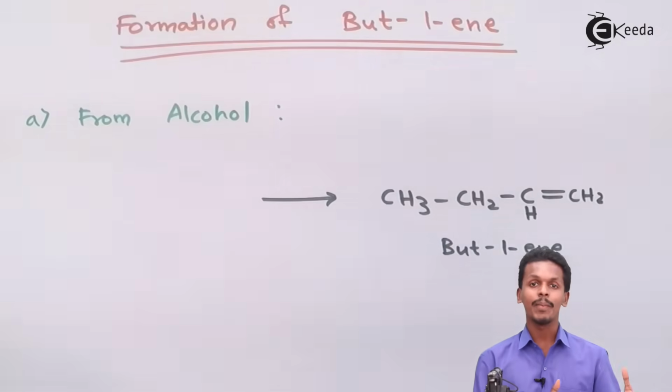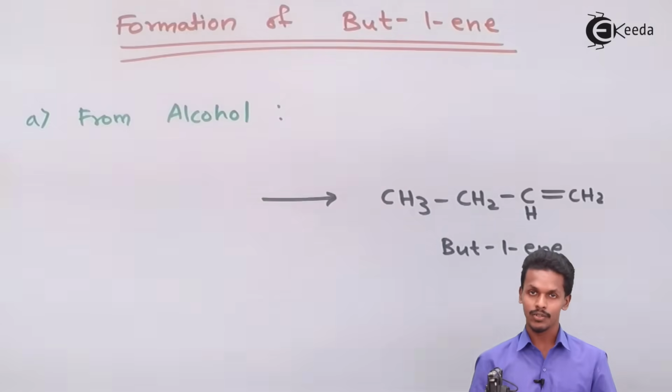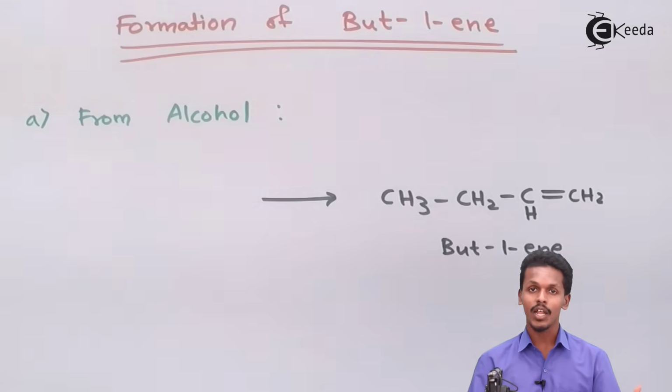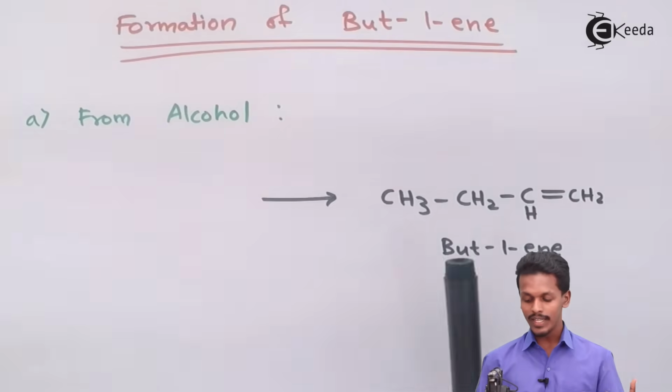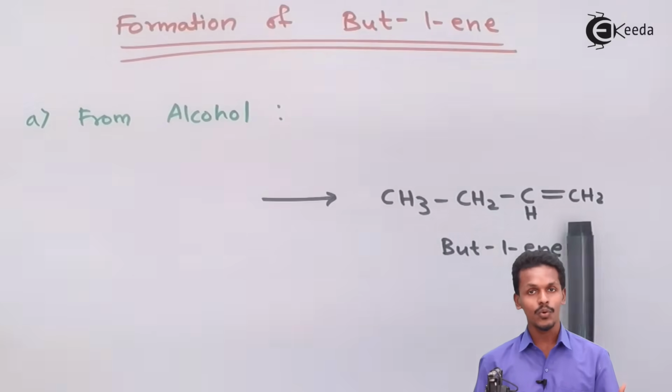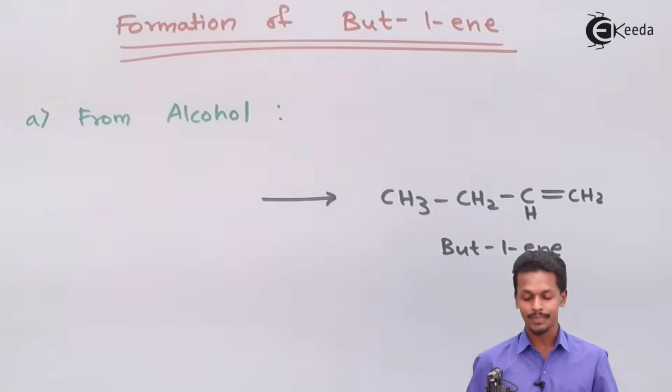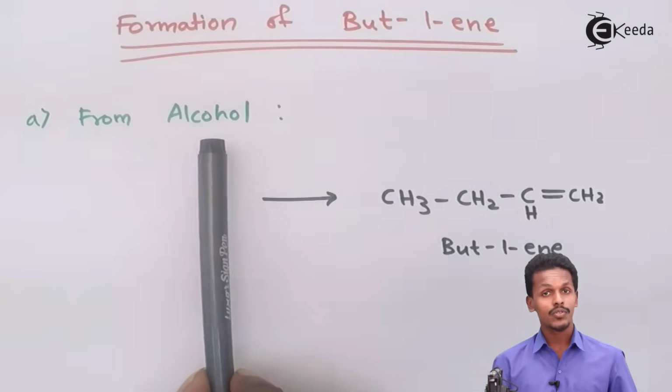But I have to prepare it from an alcohol, and let me tell you, in the overall reactions that we have studied today, during the formation of an alkene there was no change in the number of carbon atoms. The number of carbon atoms would be the same. So if the product has 4 carbons, then the reactant should also have 4 carbon atoms, in a straight chain, and it should be an alcohol.